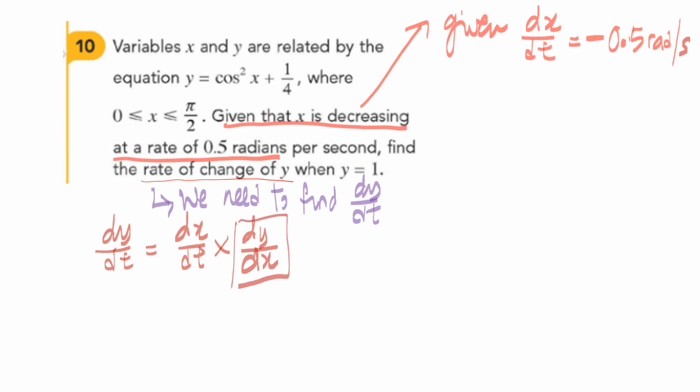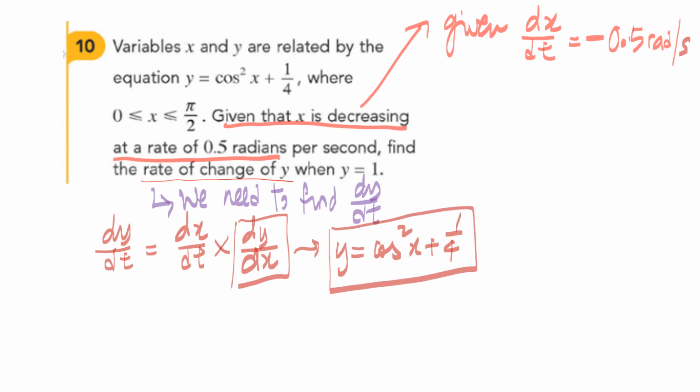What does dy over dx mean? It means the rate of change of y with respect to x. And where do you get it from? You get it from the equation y equals cos squared x plus 1 quarter. So from this equation that you're given, we need to find your dy over dx.